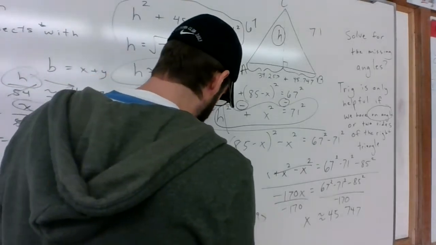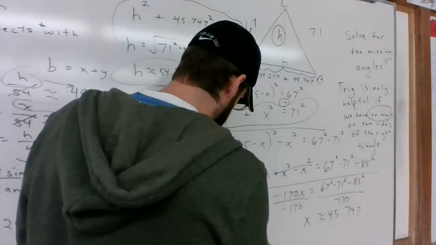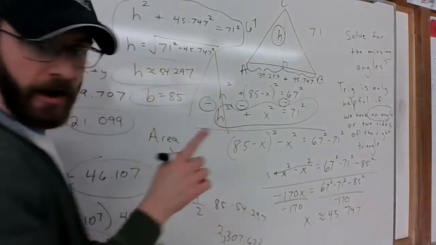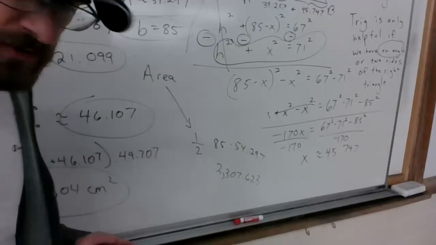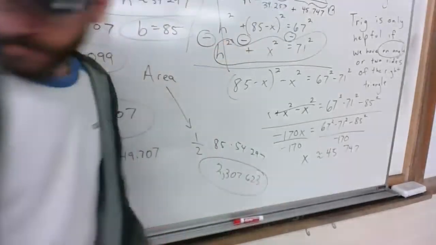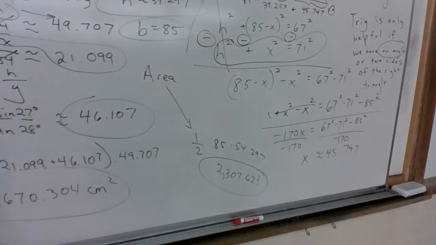So it's 2,307.623 square units. I didn't attach any units to it, so it's just whatever those square units would be. And that's all she wrote for this particular problem.